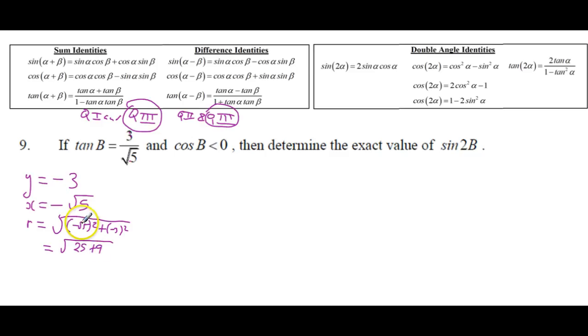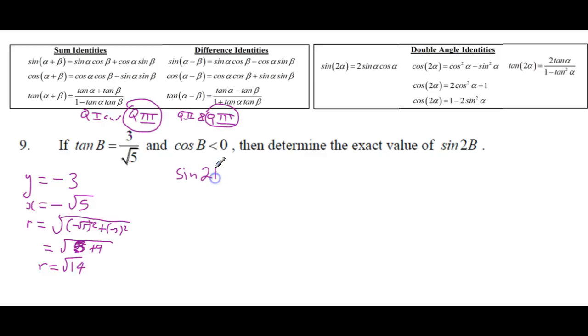No, it's not 25. That's root 5 squared. So it's 5 plus 9. So root 14. Okay, there we go. We got x, we got y, we got r. It gives us everything except the exact value of the sine of 2b, or not 2b. But the question is the sine of 2b.